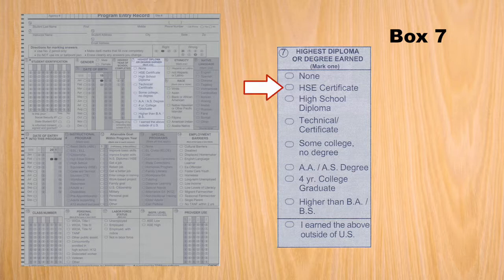High school equivalency certificate, a high school diploma, a technical certificate, some college but no degree, an Associate of Arts or Science degree, a 4-year college graduate, or higher than a bachelor's degree. If none of these apply, then choose the None option at the top of the list. Also, if any of these do apply to you, indicate if you earned them outside of the United States by filling in the circle in the bottom of the box.